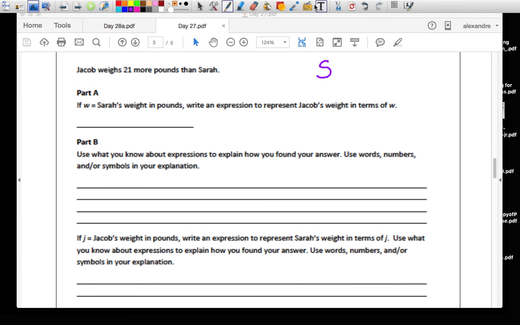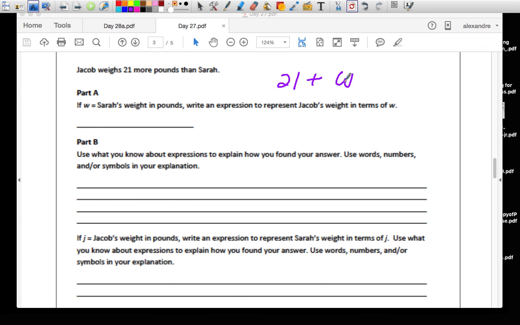Sarah, our dear Sarah here, she weighs this many pounds, W, which is a number. And Jacob is 21 more pounds than this. So he is 21 more than whatever she is.